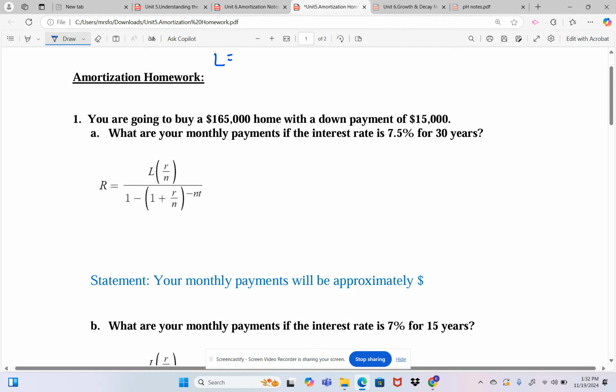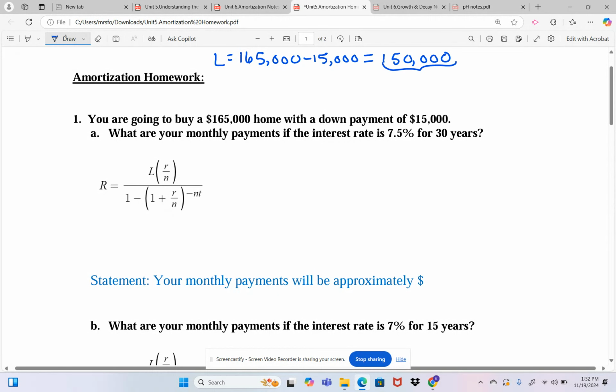How much is the loan going to be? All right, I heard 150,000. How did he get that? You subtract 15,000 from 165,000. Right, you subtract the down payment because you're not going to have to take a loan out for that.